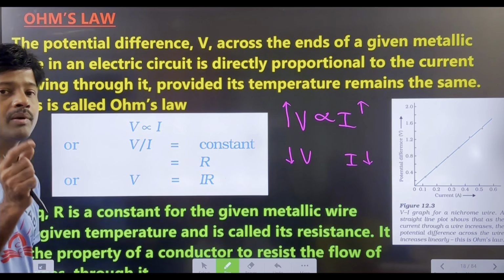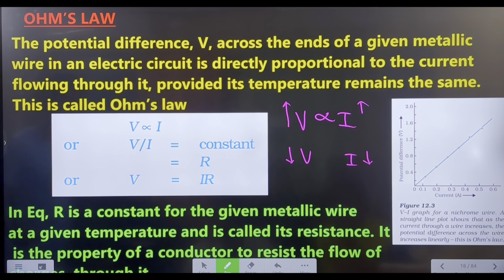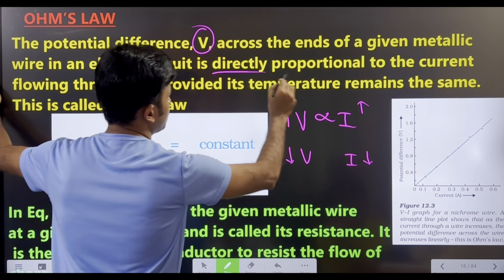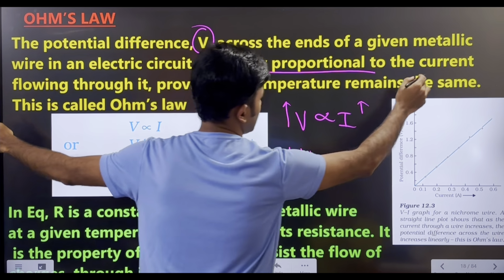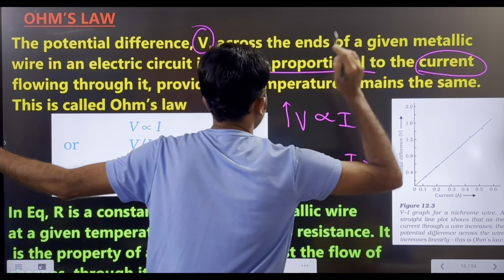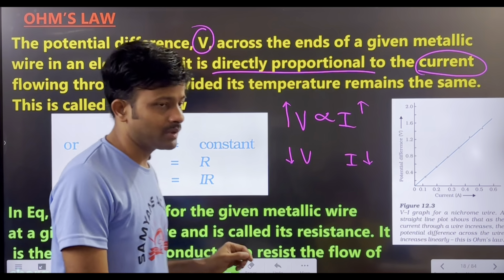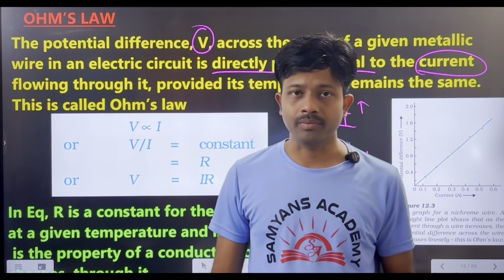So the potential difference V across the ends of a given metallic wire in an electric circuit is directly proportional to the current flowing through it. During this experiment you have to maintain the same temperature.